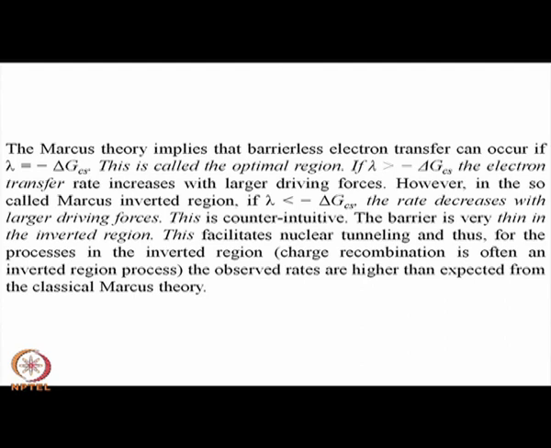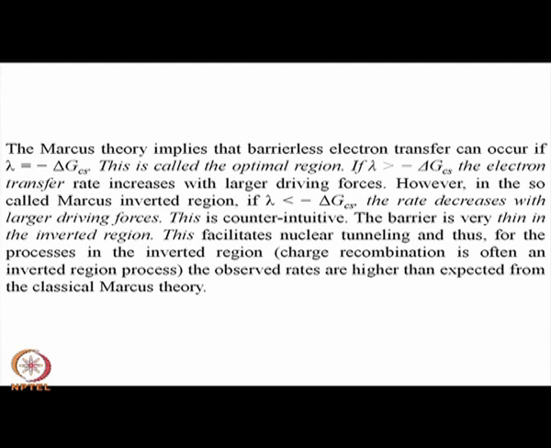The barrier is very thin in the inverted region, and this facilitates nuclear tunneling. Charge recombination is often an inverted region process, and the observed rates are higher than expected from classical Marcus theory.